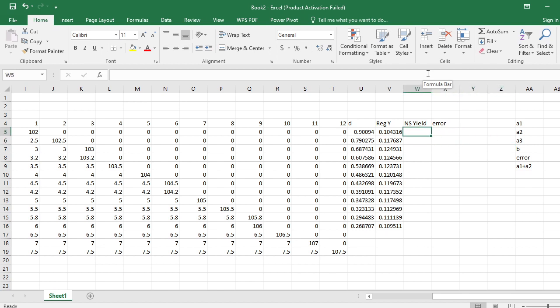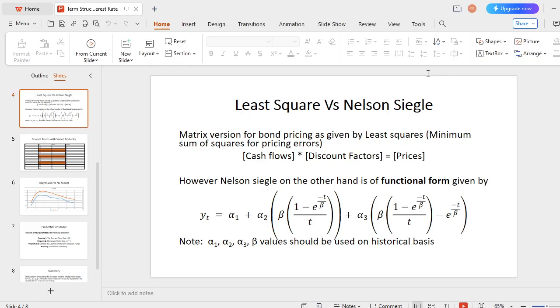Okay, so NS yield is given by this formula. Instead of writing the whole formula, it's complicated in Excel. I mean, you have to work out with many brackets.